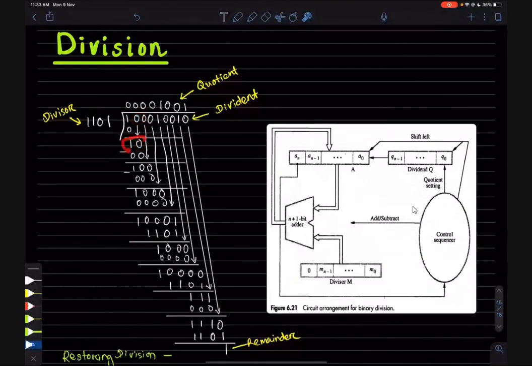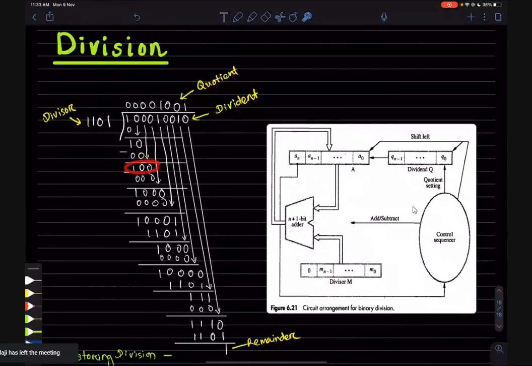Then 1 0, which is again less than the divisor, so we multiply with 0 and get 0 0. Then we do the minus operation and get 1 0. Then we copy the third bit from the dividend, 1 0 0.